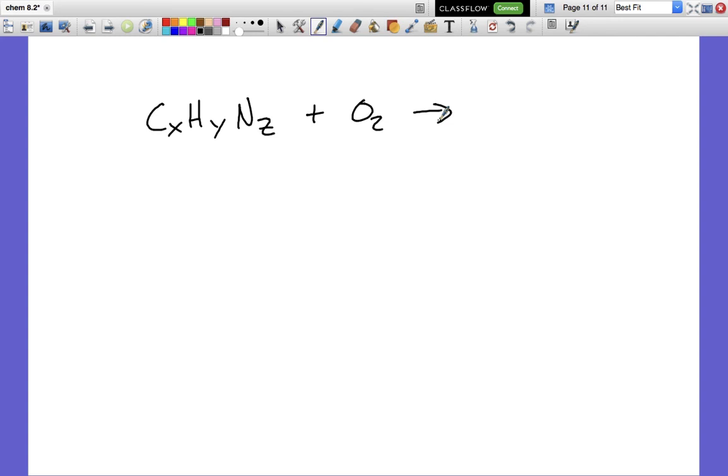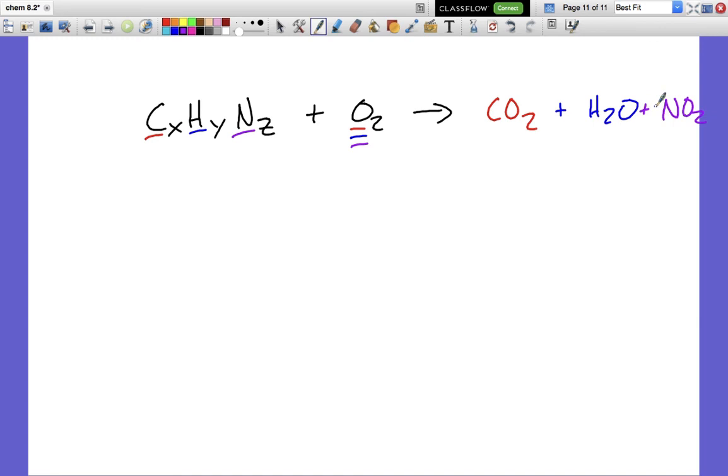Nicotine has carbon, hydrogen, and nitrogen, so when it burns, you actually get slightly different products, right? Again, the carbon with oxygen is still going to make carbon dioxide. The hydrogen with oxygen is still going to make water. But then I'm going to get one more possible product here. Nitrogen with oxygen would make something like this nitrogen dioxide.